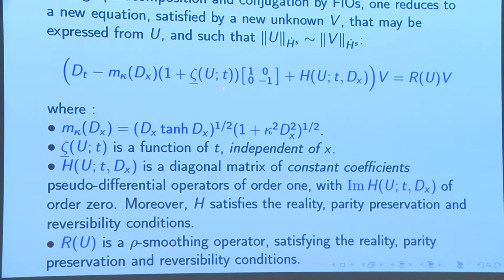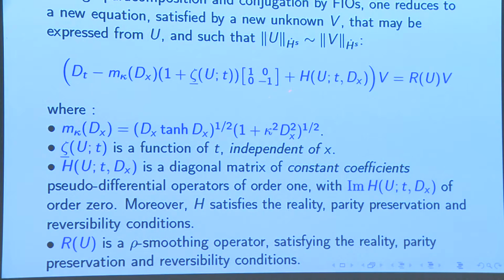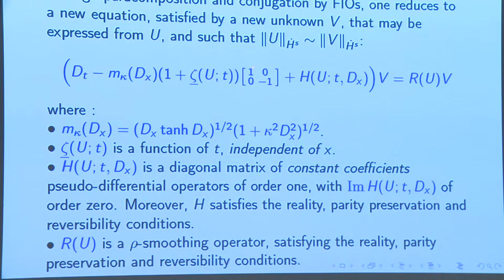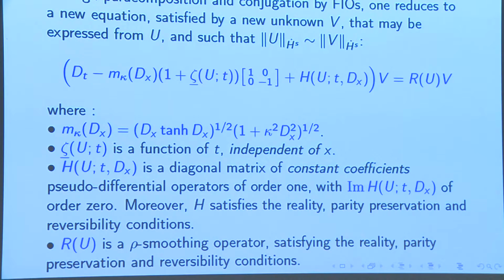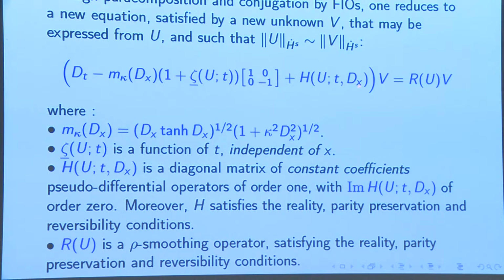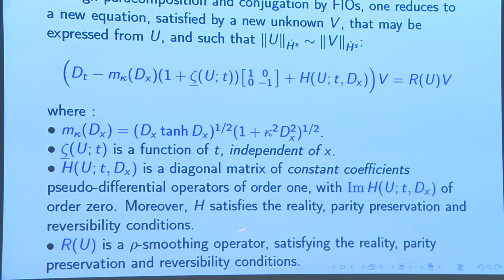So this operator is a constant coefficient operator at fixed time. So this multiplies the diagonal matrix 1, 0, 0, minus 1. And then you have another operator, capital H of u, t, D_x, where capital H is also a diagonal matrix of constant coefficient differential operators, which are of order 1.